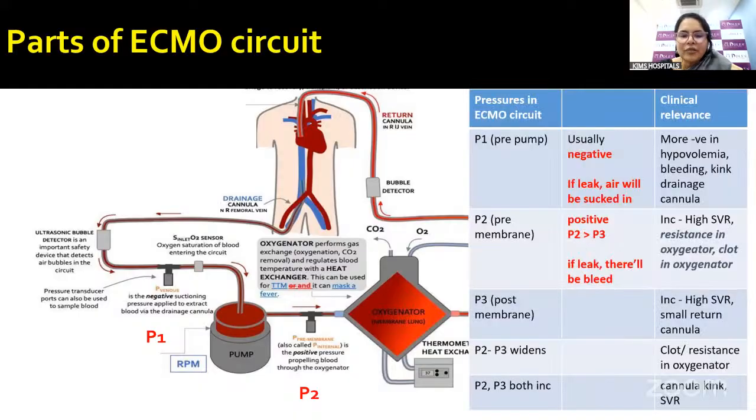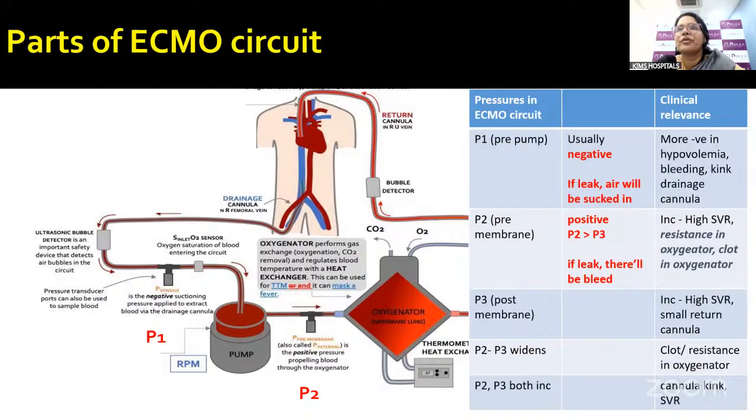So what is the significance of measuring these pressures? Now, P1, as we discussed, is usually negative, but a more negative P1 pressure can be seen with hypovolemia, kinked drainage lines, presence of a leak somewhere in the proximal part of the ECMO circuit, and blood loss. It can also occur if the vein is collapsed completely, sometimes when the cannula is placed too deep or too superficial in the vein.